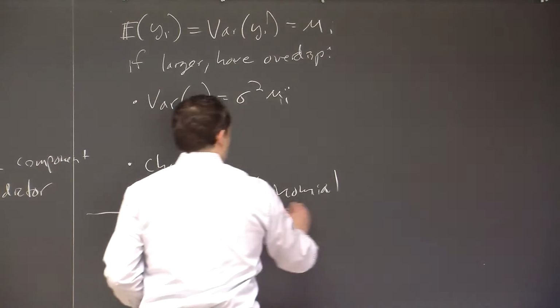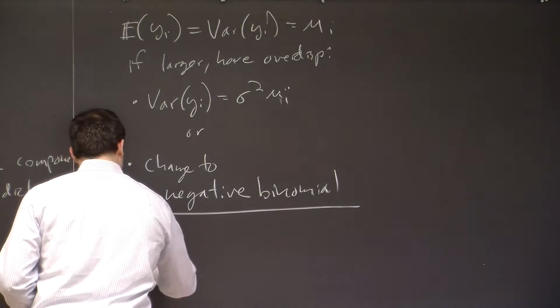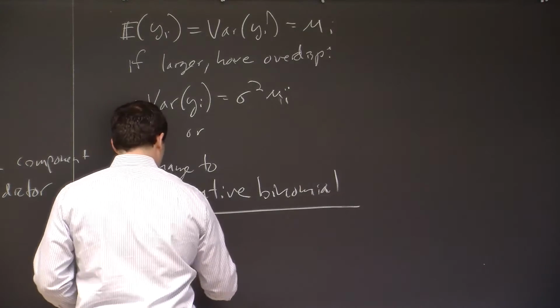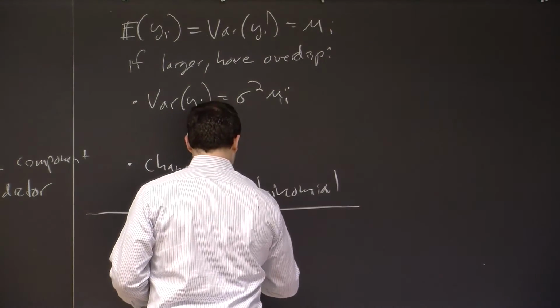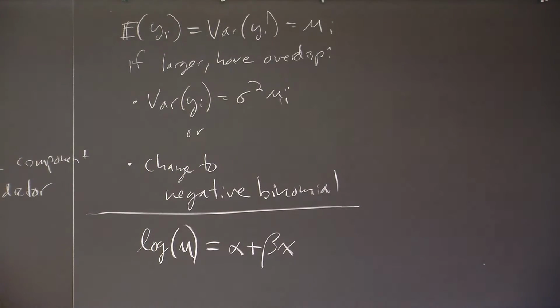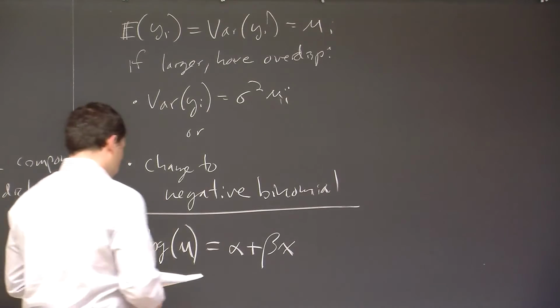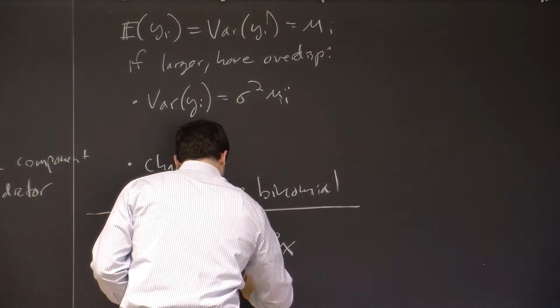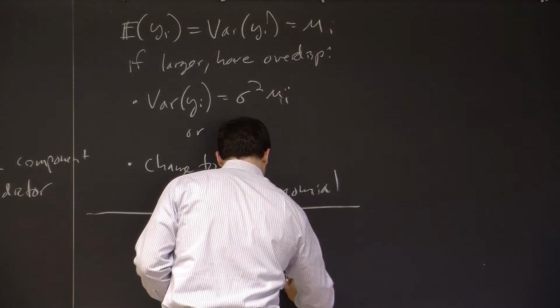And in terms of thinking about what the parameters do, suppose I have a log link function, and I say that the mean, some mean that I'm interested in, is equal to an intercept plus beta times some variable that's interesting to me. So in other words, mu is alpha plus beta x.